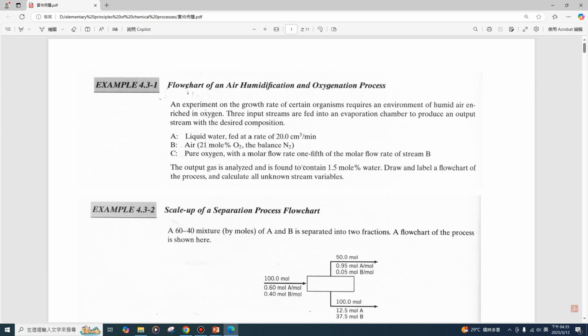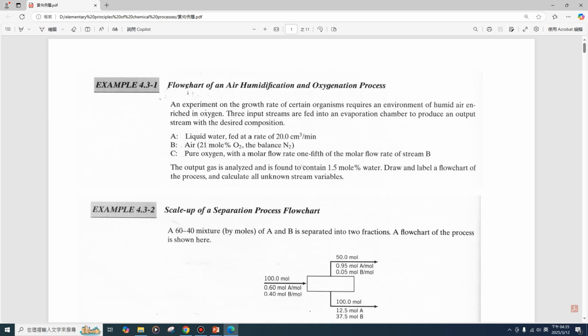The first input is liquid water, fed at a rate of 20 cubic meters per minute. The second stream is air. They don't give you the information of the flow rate, but they tell you that air is 21% oxygen and 79% nitrogen. This is stream 2.